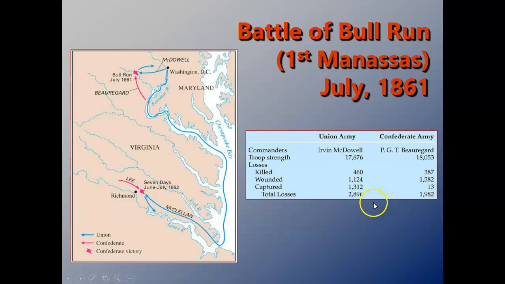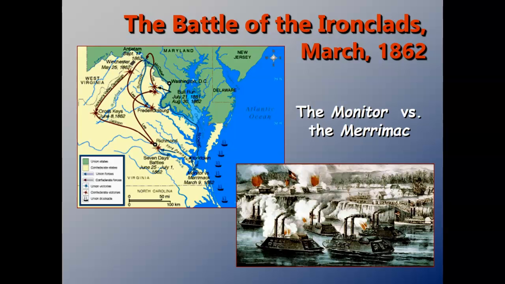So when you look at the losses on both sides, they're huge for a pretty minor engagement. This is a harbinger, I guess, of what's about to happen, and how bloody and violent the war is going to become.